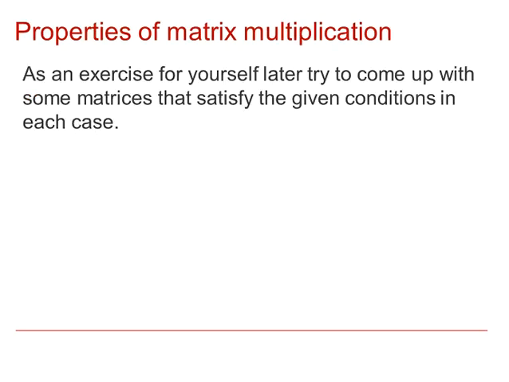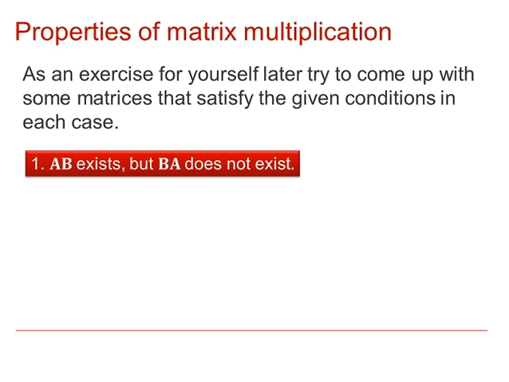Well, here are one or two questions for you to consider for yourselves later. See if you can find matrices A and B such that the product AB exists but BA does not exist. The example that I gave you earlier, both of the products existed although they were not equal to each other.